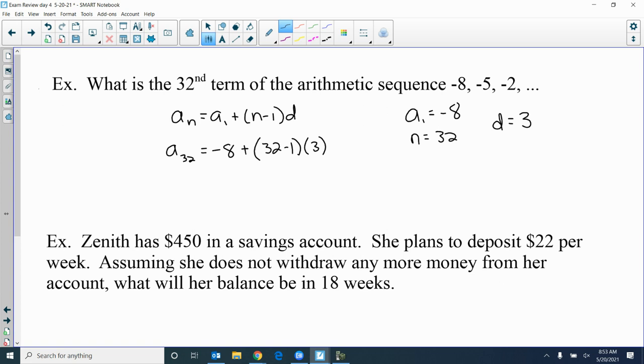Look at the sequence. It's going up each time by how much? It's going up.